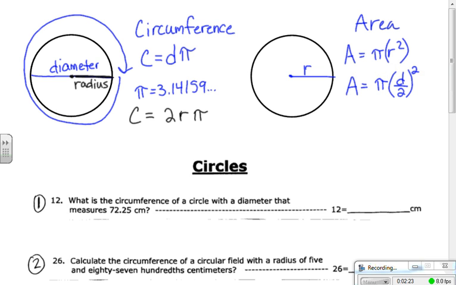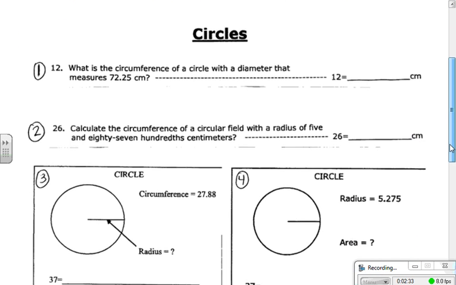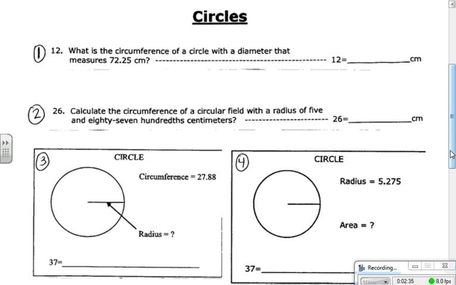So let's go ahead and take a look at number 1. What is the circumference of a circle with a diameter that measures 72.25 centimeters? Be sure to make sure your units are the same in both the problem and your answer blank, and they are. We want to find the circumference, which is the distance around our circle. Circumference is pi times the diameter. So we have pi times 72.25.